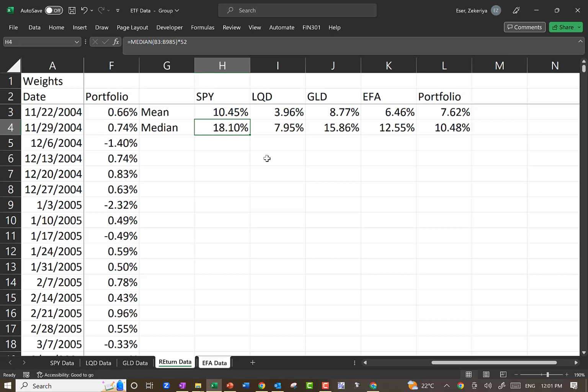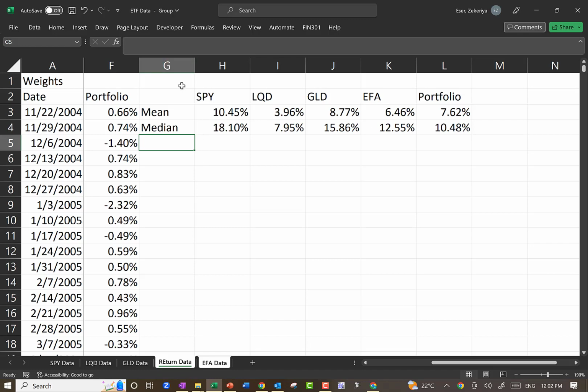Remember, median is, if I order these returns from lowest to the highest, it's the one right in the middle. If it's an odd number, it's literally the one in the middle. If it's an even number of points, it's the average of the two. But Excel calculates that for you. That means, and the difference is very big, there are pretty big outliers on the left hand.